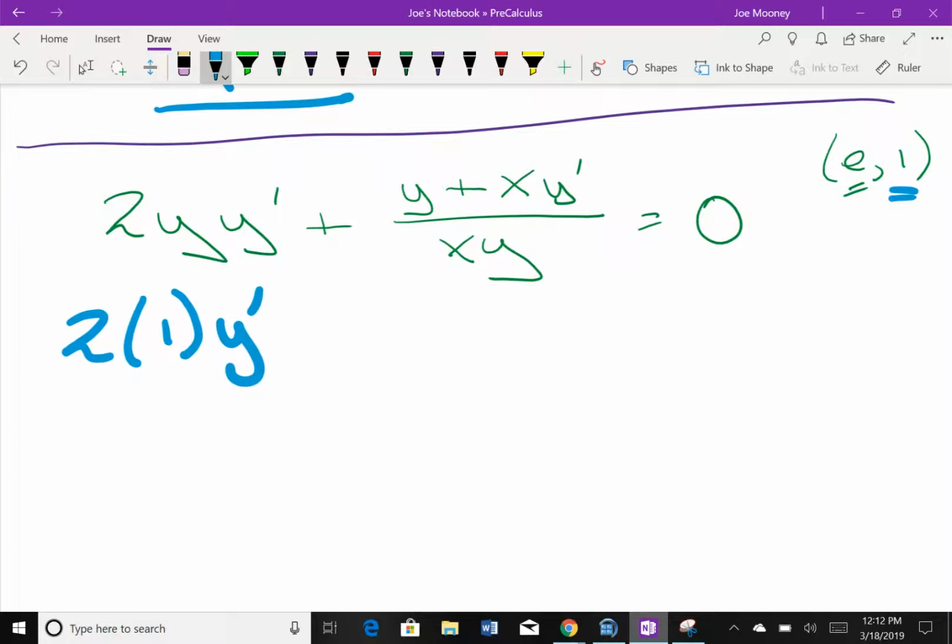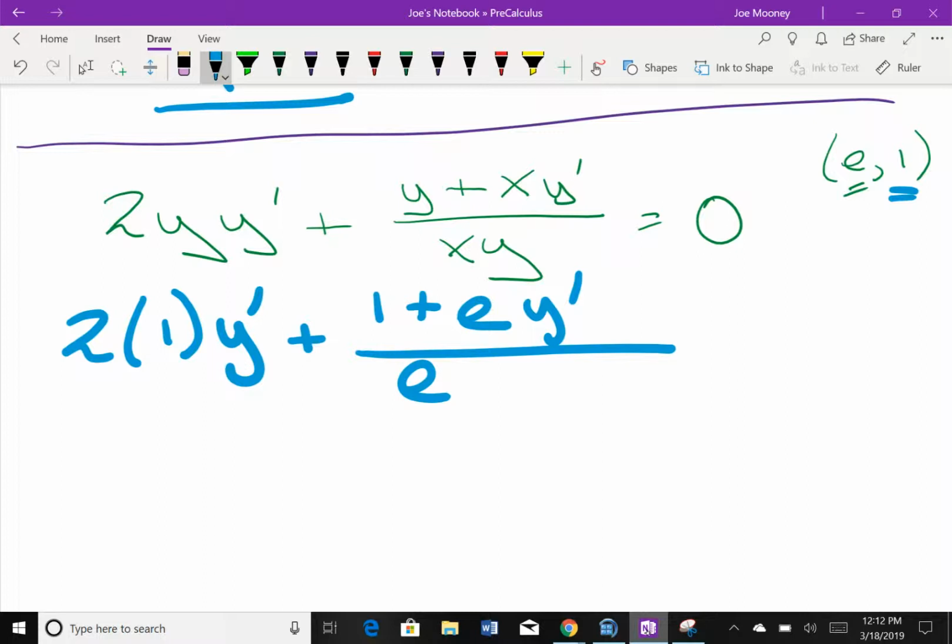Y prime is the derivative function, that is the slope function, so that's what we're going to solve for. Plus y, which is 1, plus x, which is e, times y prime, all over x, which is e, times y, which is 1. That's all equal to 0.